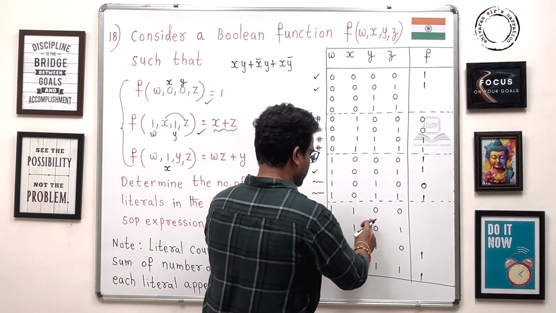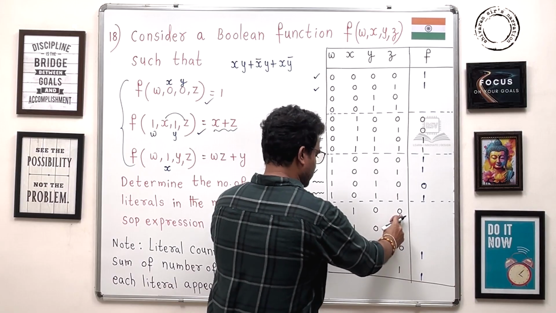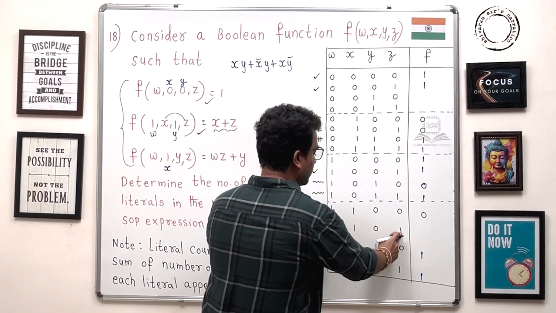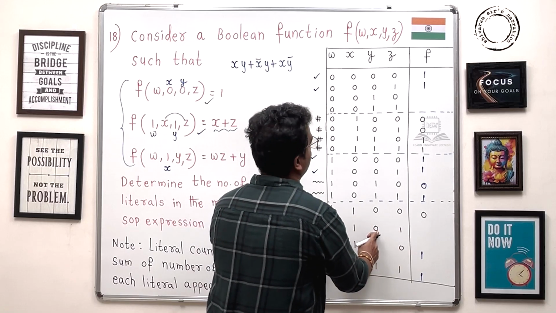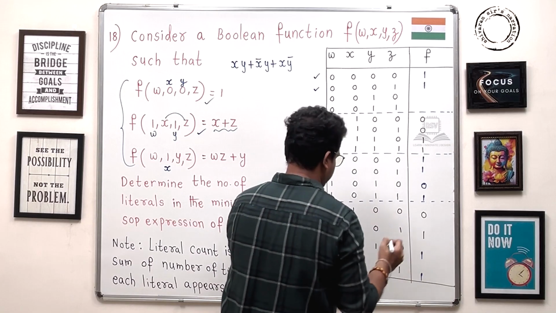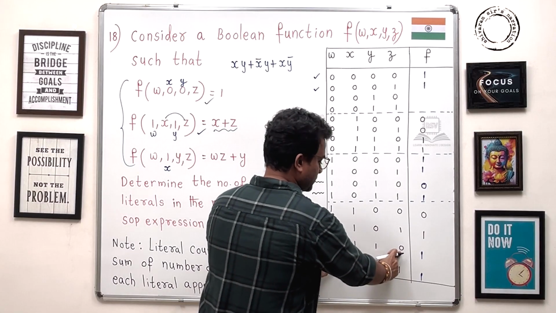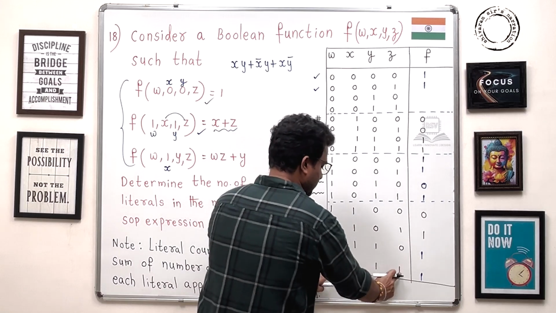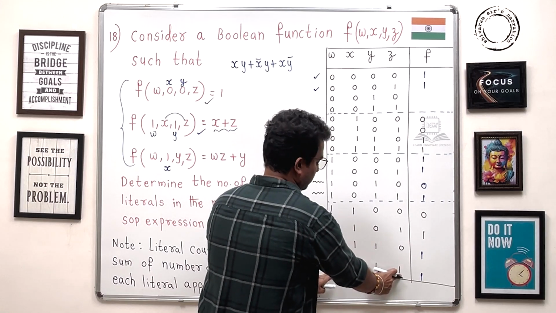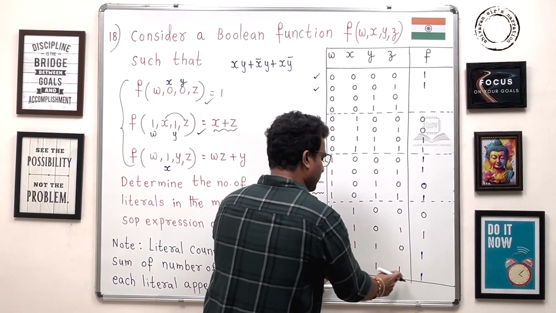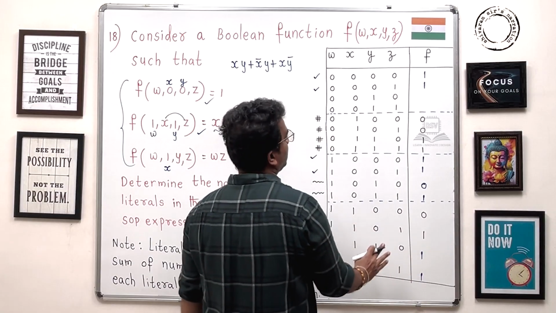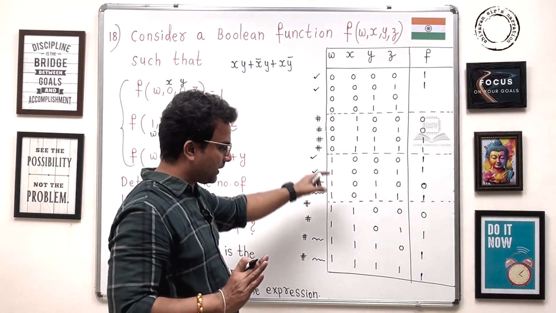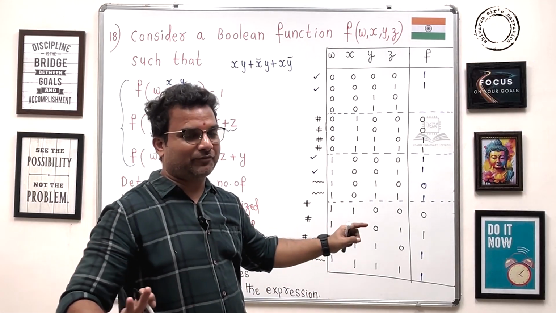Again 1 into 0 is 0, plus 0 is 0. This one 1 into 1 is 1, plus 0 is 1. Again 1 into 0 is 0, plus 1 is 1. Keep it as it is. Similarly here, w into z, 1 into 1 is 1, plus 1 is 1 only. So now it is the finalized truth table. We got the truth table finally.